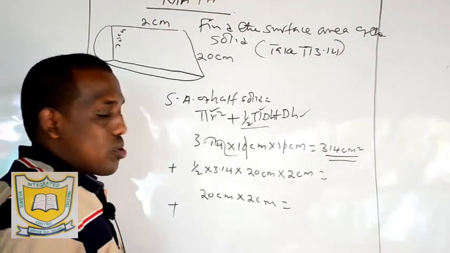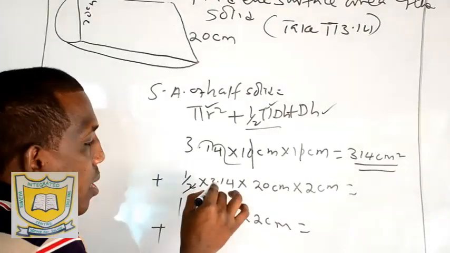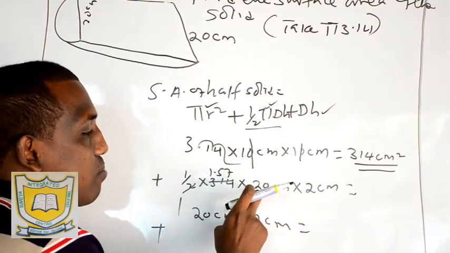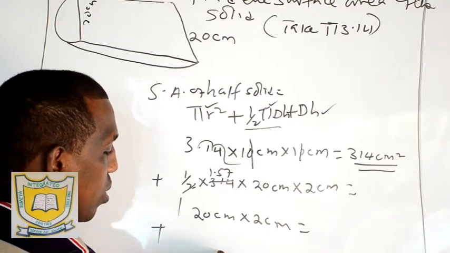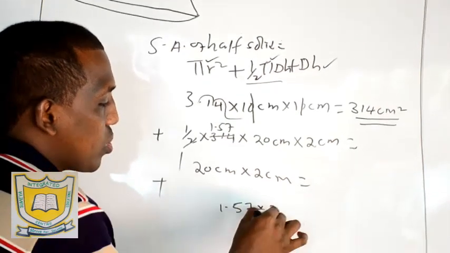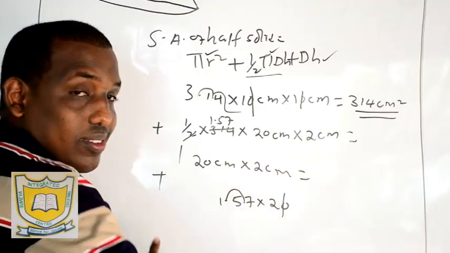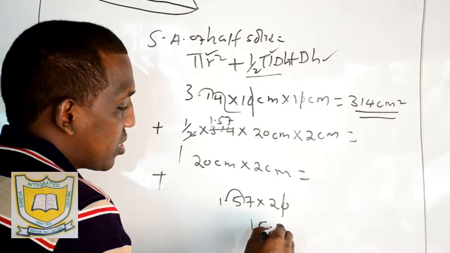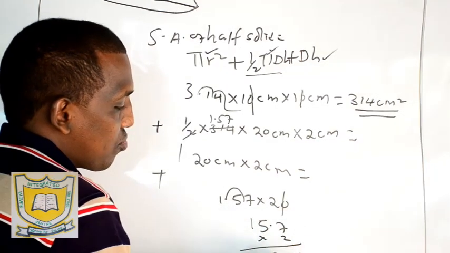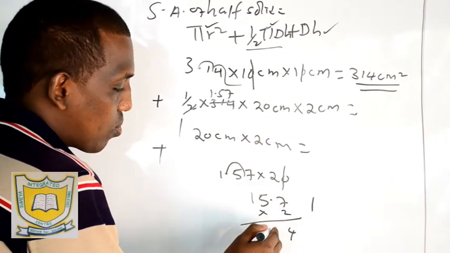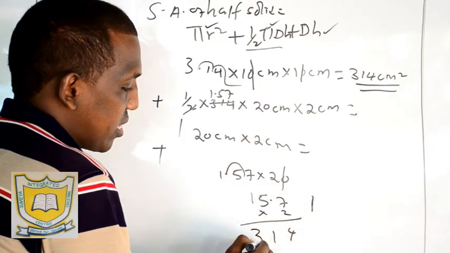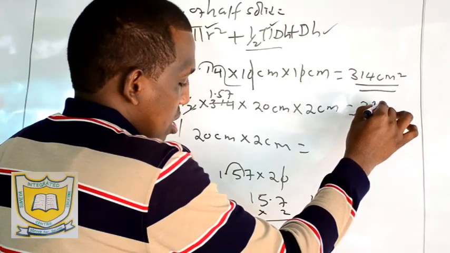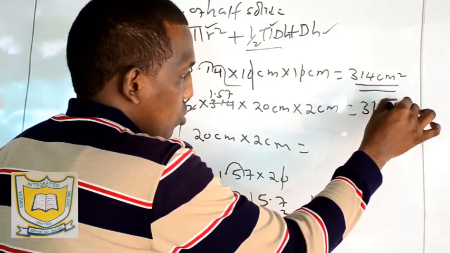The second part now: 1 by 2 is 0.5, so a half of 3.14 is 1.57. 1.57 now times 20. Cancel, the point will migrate one step to this side. So what is remaining now is 15.7 times 2, which gives 31.4 centimeter squared.